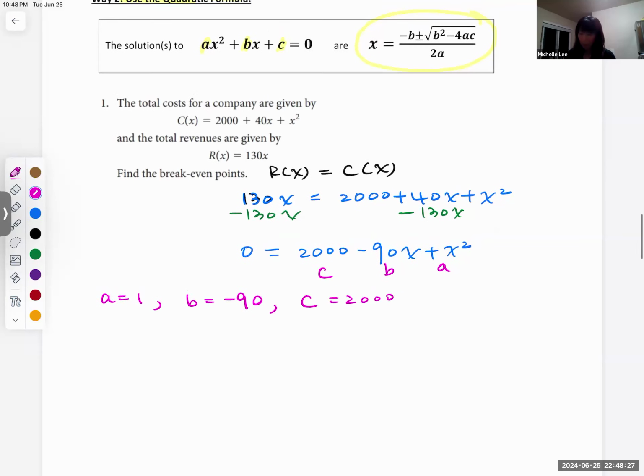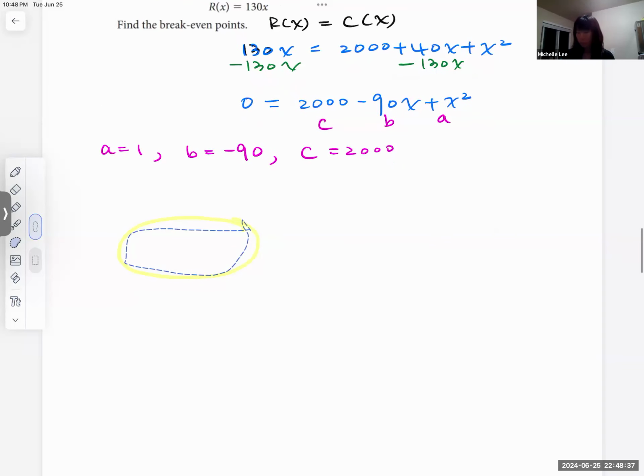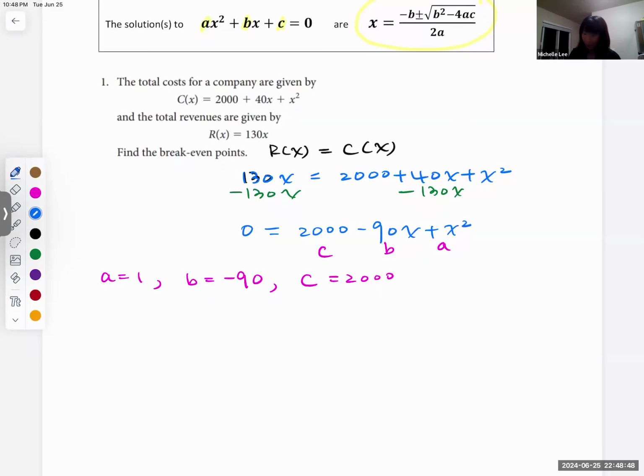Okay, now we have this formula. Oh, it did not copy. Okay, hold on one second. It's better if I write it out. So we have x equals negative b plus or minus the square root of b squared minus 4ac, all over 2a, right?